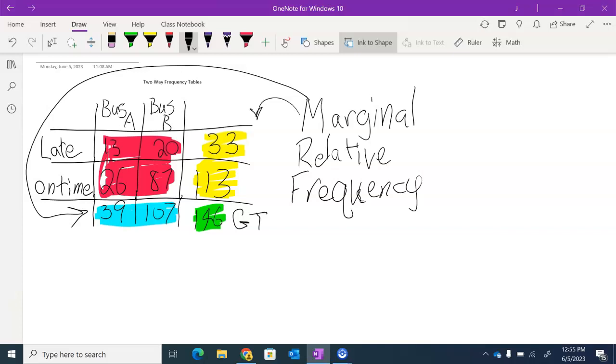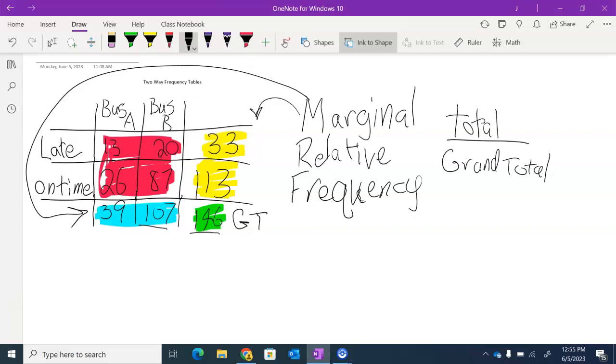So we'll get questions like, what percent of the entire rides represents bus B? So we would look at the total for bus B and the grand total. And as most of ours have been, we're going to go under our grand total, and we'll call it a total.